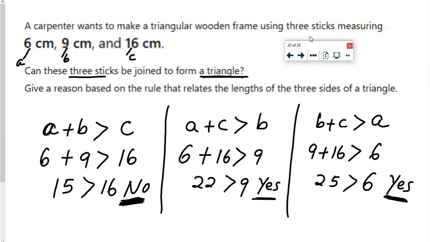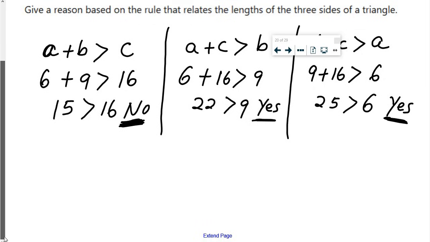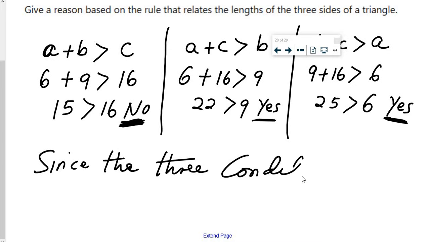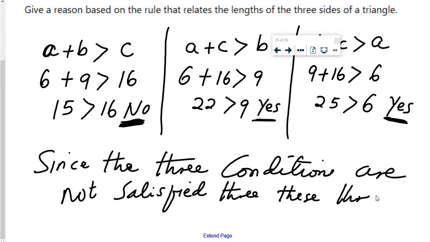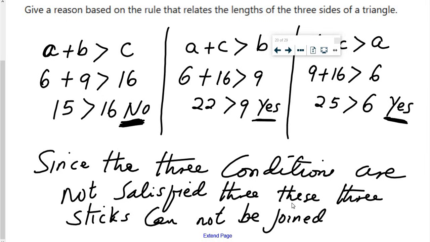Even though you have two yeses, the conclusion will be, since all the three conditions are not satisfied, therefore these three sticks cannot be joined to form a triangle.